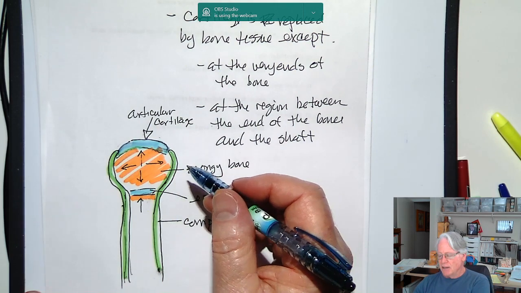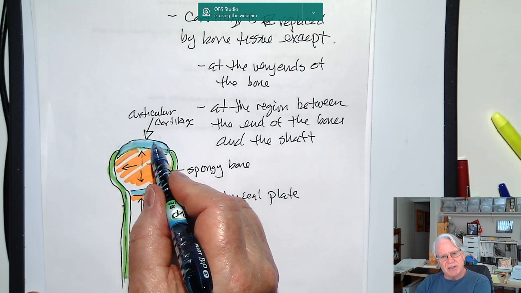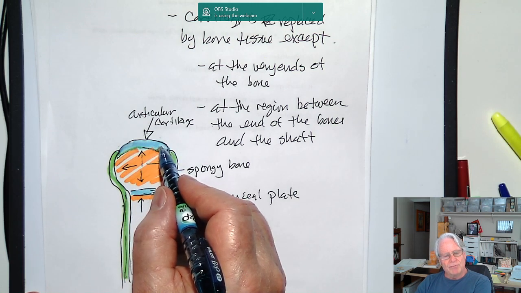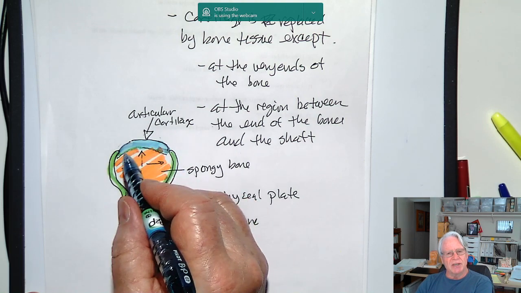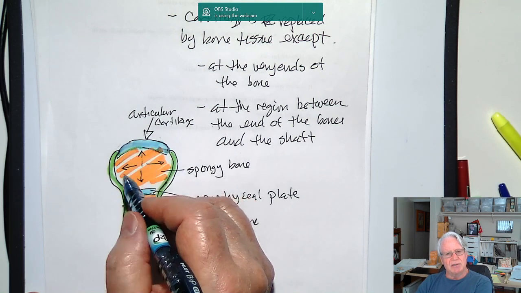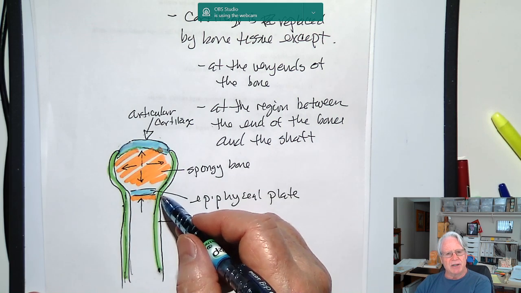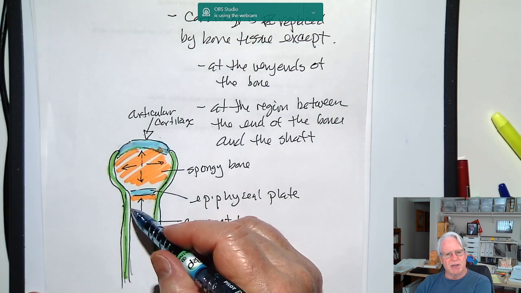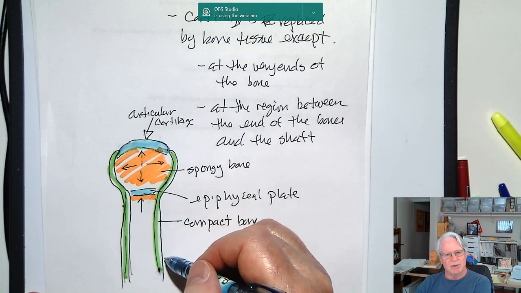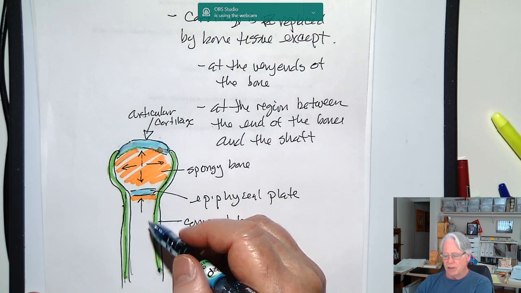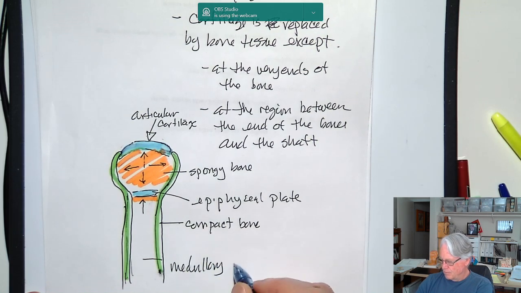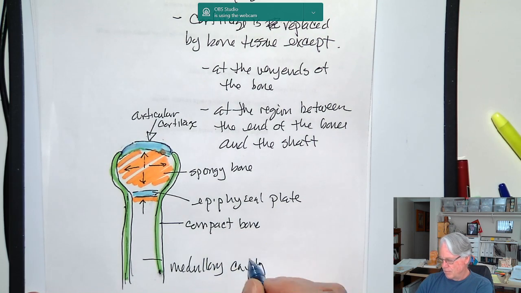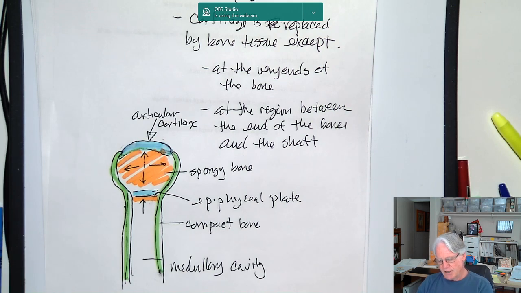And at the end, we leave a very thin layer here at the top of cartilage. The center of the end of the bone is going to be spongy, so we're not removing that. But here, we've remodeled everything, so now we have a compact bone as the shaft, the wall, and an open center. So that's my medullary cavity. Okay. And that is how we're going to grow a bone.